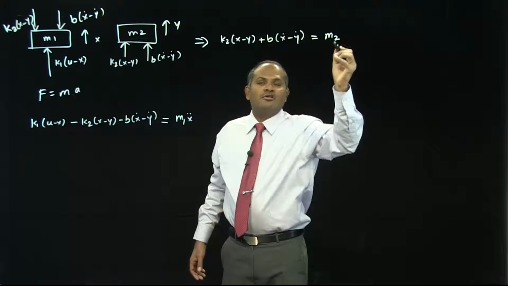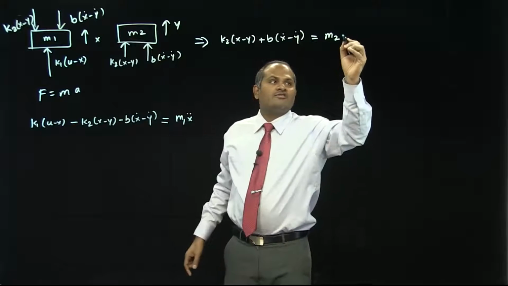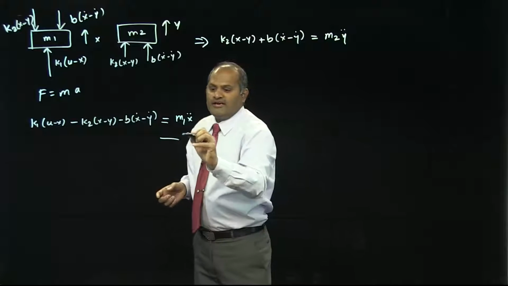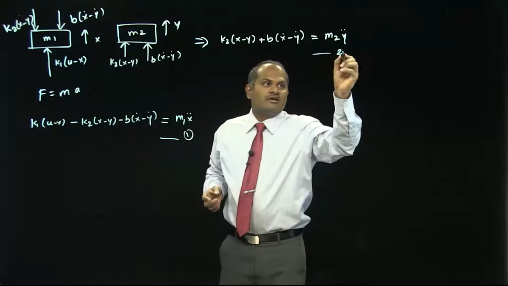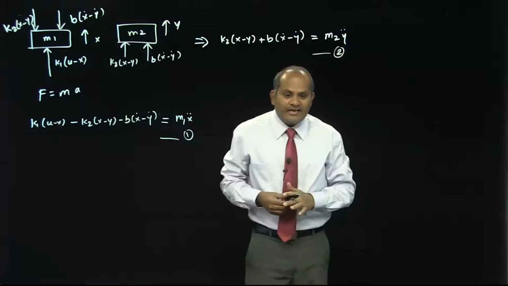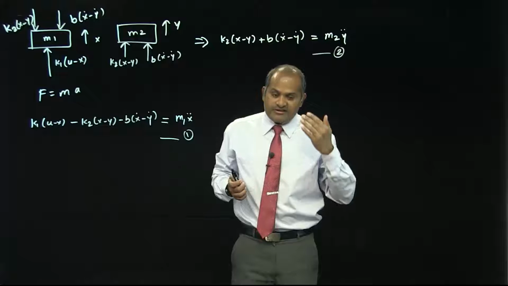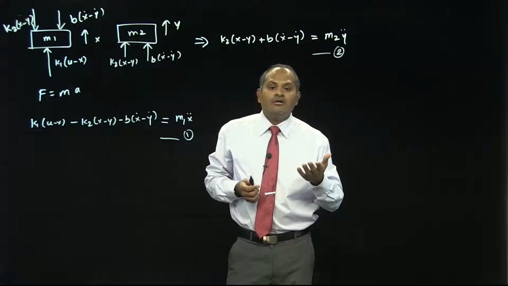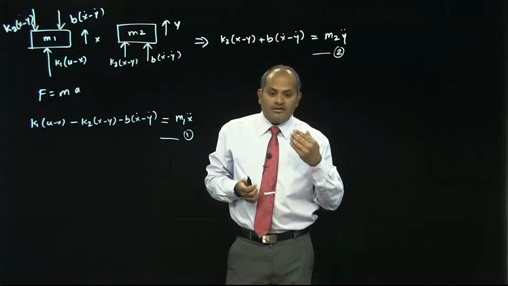Mass is m2, displacement is y, acceleration is y double dot. So, we can directly write these two equations, and this is the mathematical modeling. Once we get the mathematical modeling in the differential equation form, you can next convert it into the Laplace domain and formulate the transfer function.